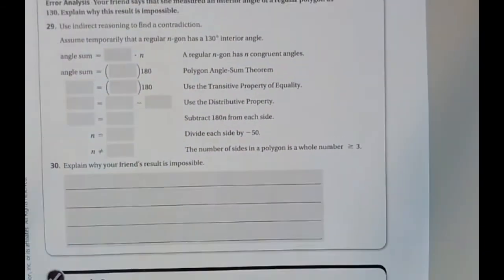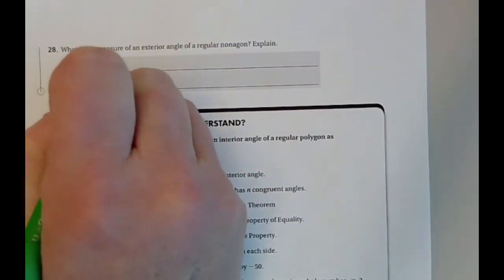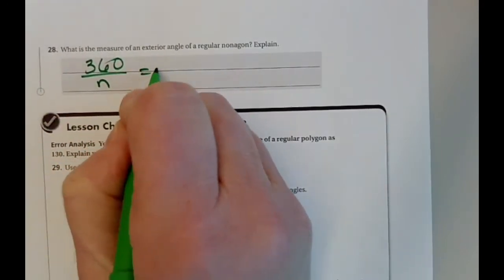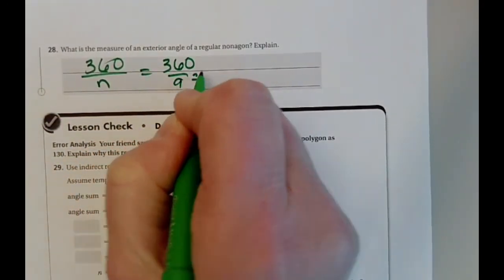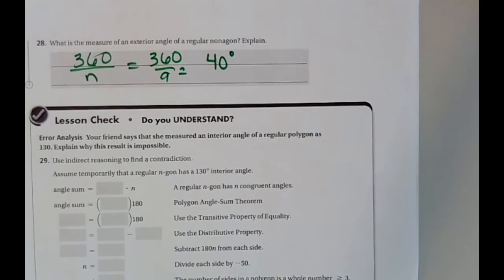So the measure of each exterior angle of a regular nonagon is going to be 360 divided by n, which is 40 degrees. So you're just going to do 360 divided by n.